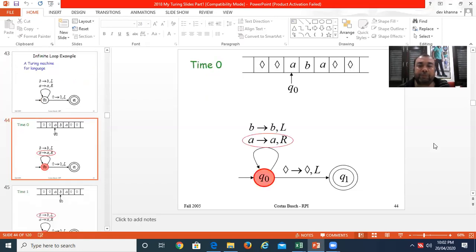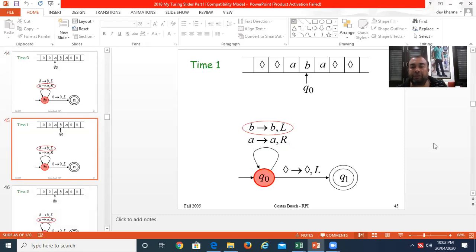Let us see this. Okay. This also proves one thing that I will discuss later, just after the completion of this example. You start reading A. What do you do? A remains A and you switch towards the B. What happened at time 1?